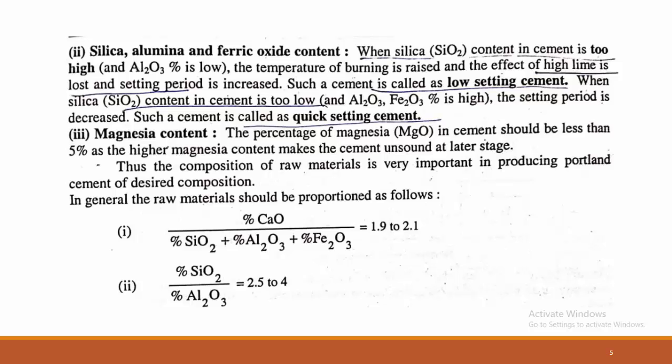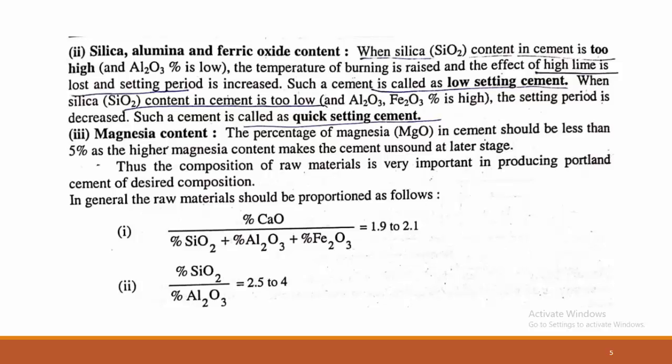Such a cement is called a slow setting cement. That means when silica is in high content, it becomes a slow setting cement. So you have to decide what amount of calcium oxide and what amount of silica are required, and it is better to maintain proper proportioning of the raw material for the cement.